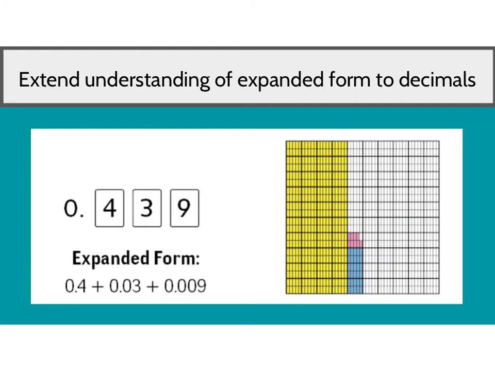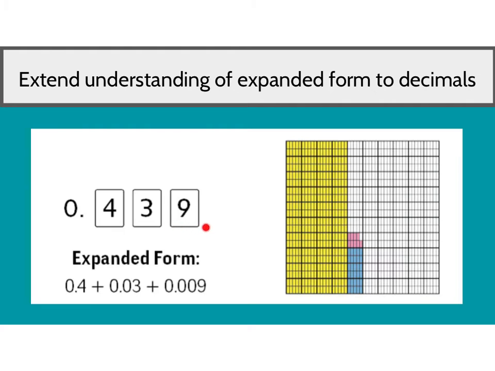Then we're going to move to the 3, which is in the hundredths column. The number is 3, so we're going to shade 3 squares to represent the 3/100ths.